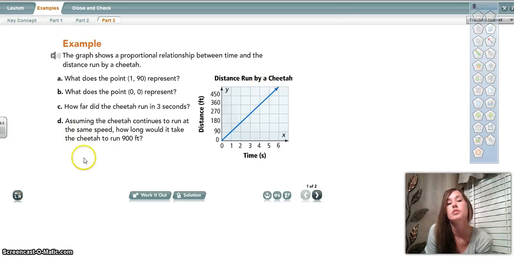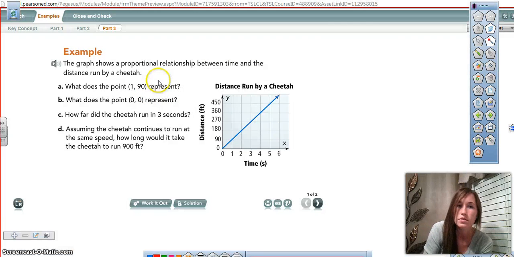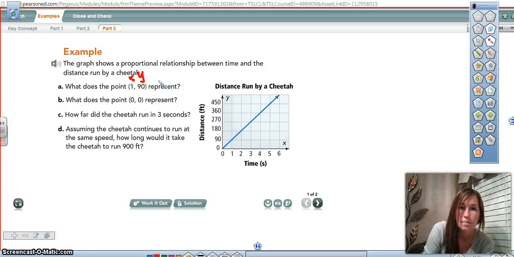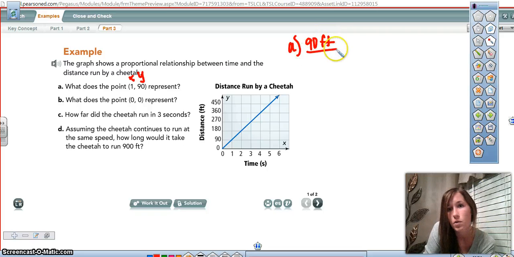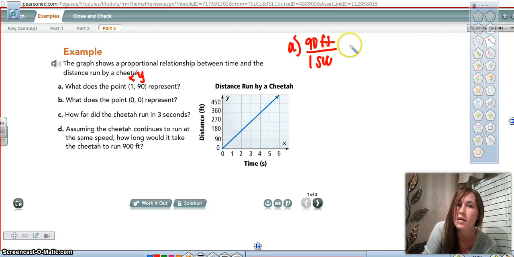We just have some questions to answer. What does the point 1, 90 represent? 1 second, that's our x value, x comes first, 90 feet. So that means that the cheetah is running 90 feet for 1 second, or 90 feet per second. That's our unit rate.